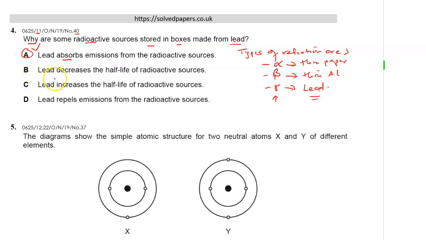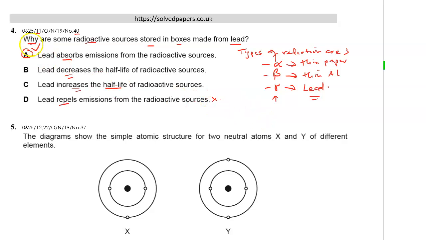What about B? Lead decreases the half-life of the radioactive source. This is not correct. Half-life is never affected by an external factor, and that is not the reason for storing in lead boxes. Lead increases half-life. That is not correct. Of course, you remember half-life is the time taken for the original number of nuclides to decrease by half. D, lead repels emissions from the radioactive source.